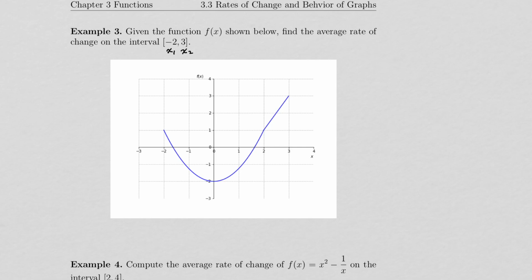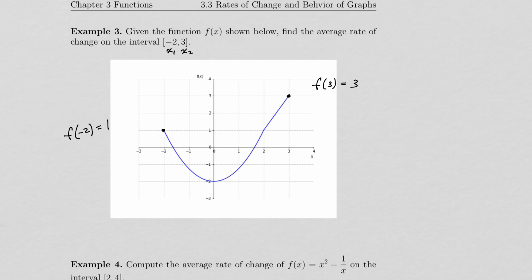That's the interval, those are the inputs. So what is the output? What is the function at -2? Well, it's this point right here, so f of -2 is equal to 1. And then what is the function at the right endpoint? That's this point right here. So f of 3 is equal to 3.